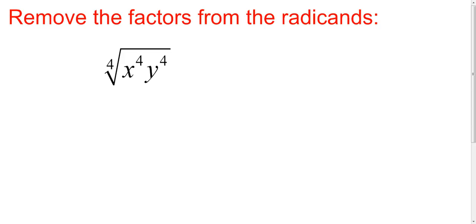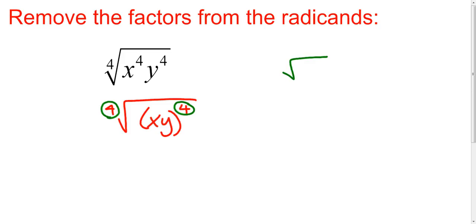All right, then over here, you can kind of think of this as the fourth root of xy to the fourth power. Okay, what I want you to notice is this. When you have an even number here and an even number here, you do have to do absolute values. Okay, and the reason you have to do absolute values is this. Like if I asked you to take the square root of 16, okay?